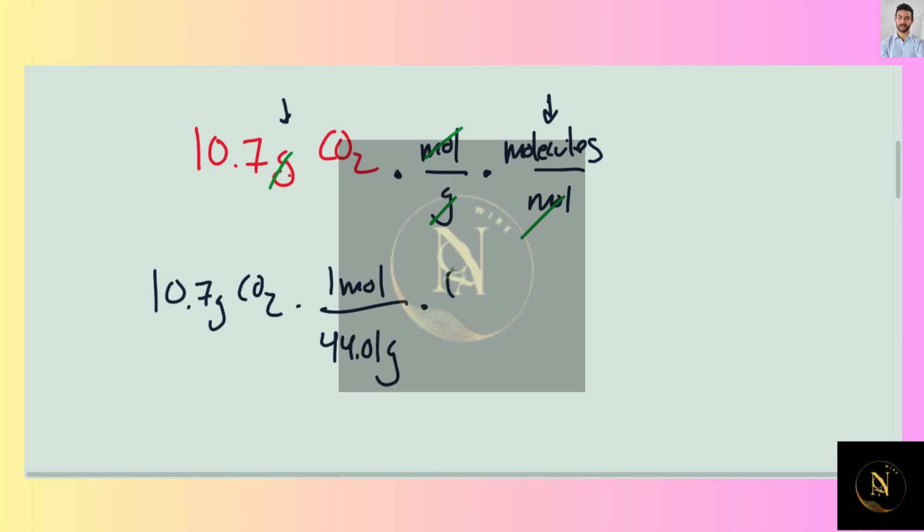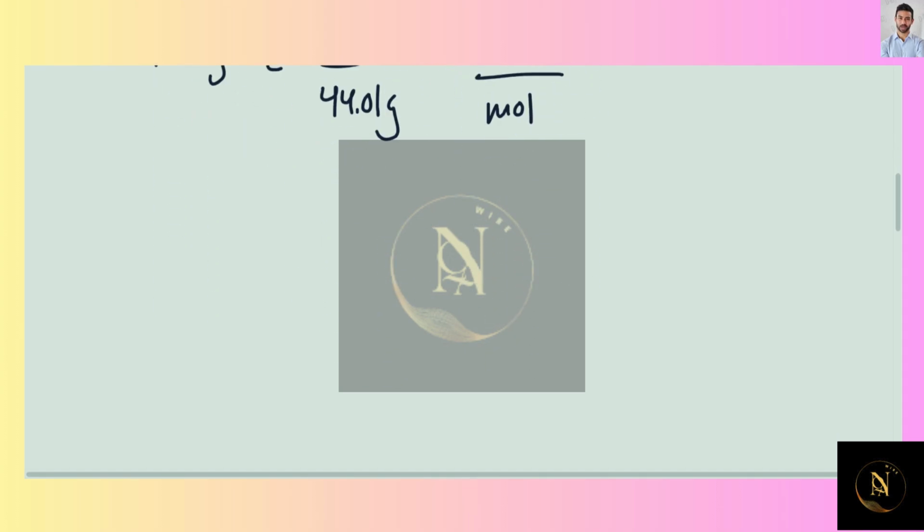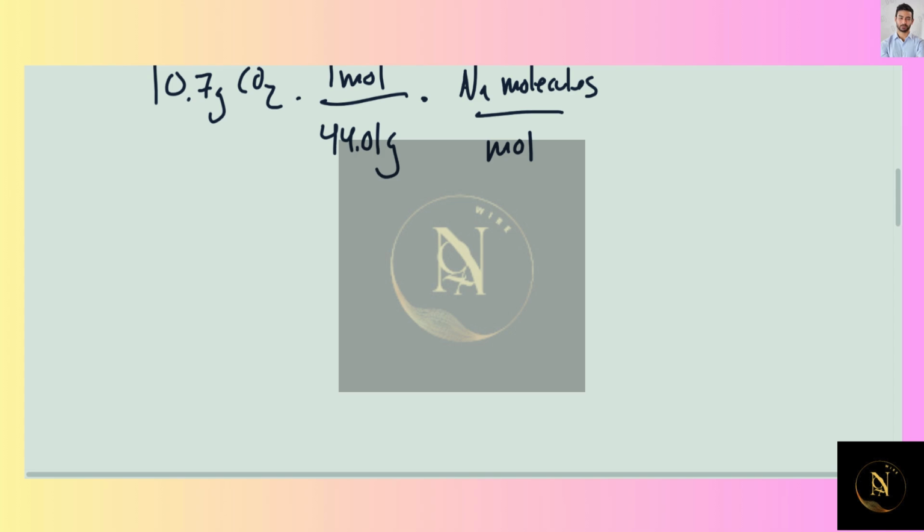So we know that there are Avogadro's number of molecules per mole. Okay, so then I start calculating this: 10.7 divided by 44.01 times Avogadro's number, and we get 1.464. Actually, we only want 3 sig figs, so 1.46 times 10 to the 23rd molecules.